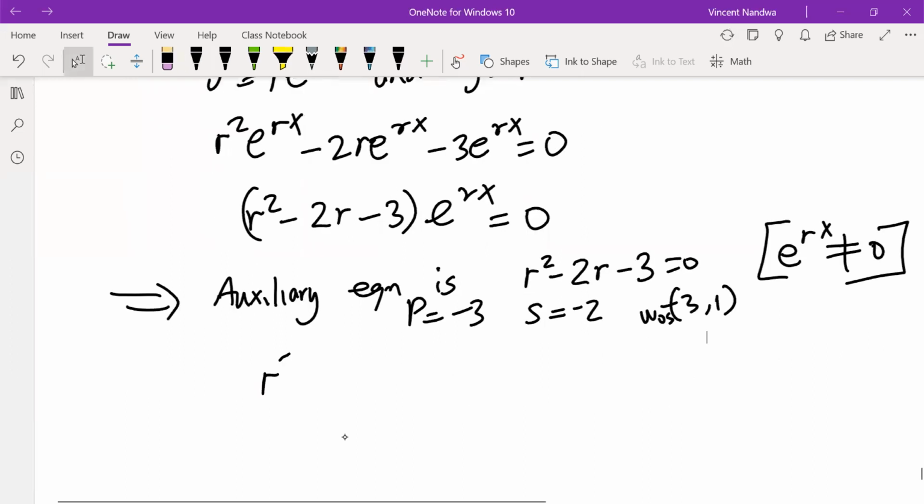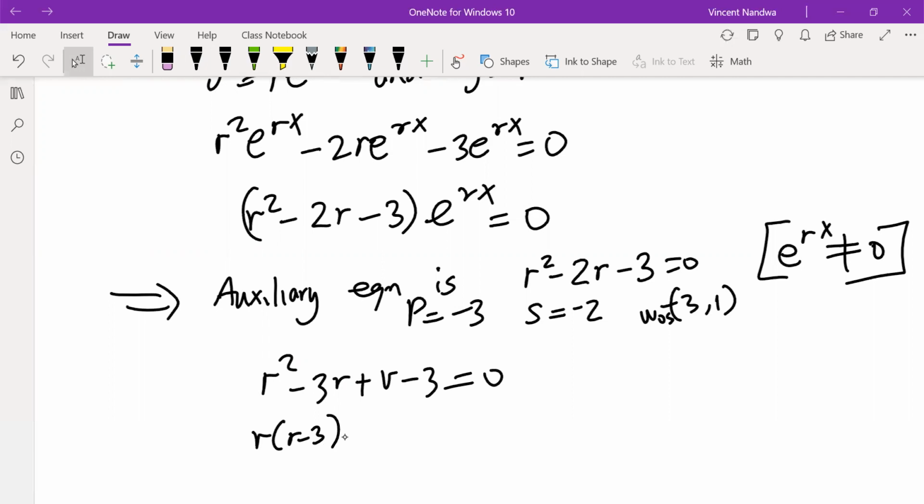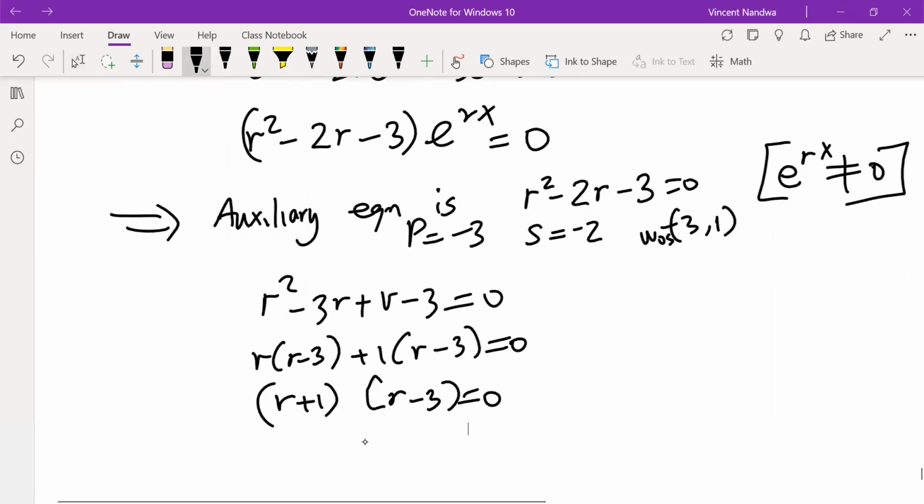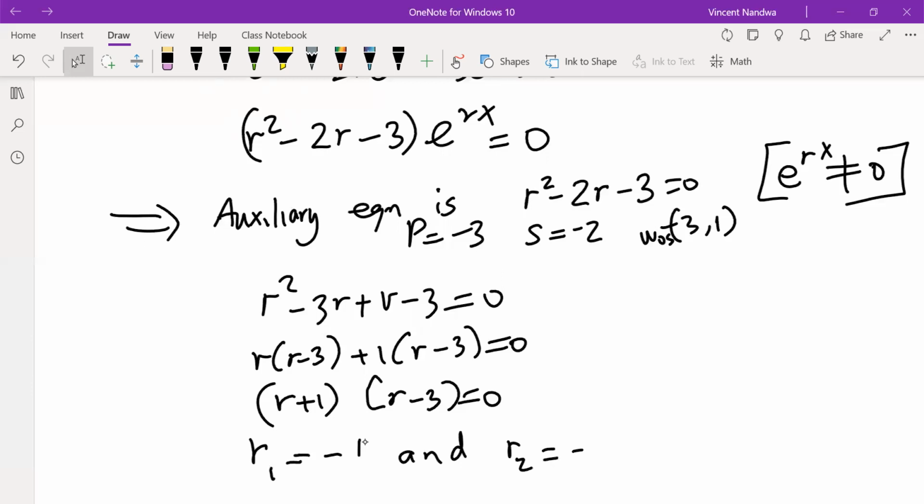So r squared minus 3r plus r minus 3 equals 0. So r into (r minus 3) plus 1 into (r minus 3) equals 0. (r plus 1)(r minus 3) equals 0. So r1 is negative 1 and r2 is positive 3.